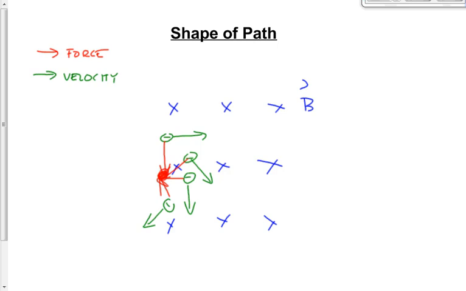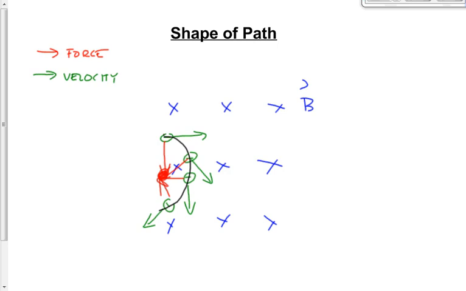What do you notice about the shape of the path here? What's the shape of the path of this electron? A circle. When something goes in a circle, and there's a force that always acts toward the center of that circle, what do we call that force? The centripetal force.